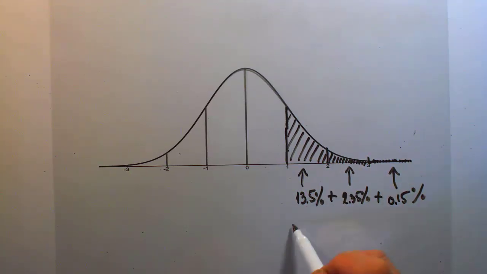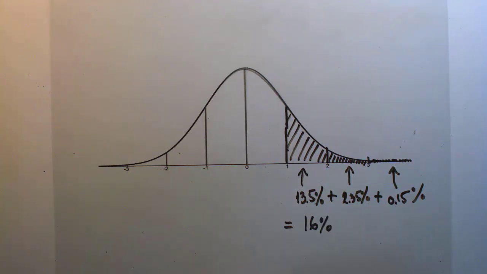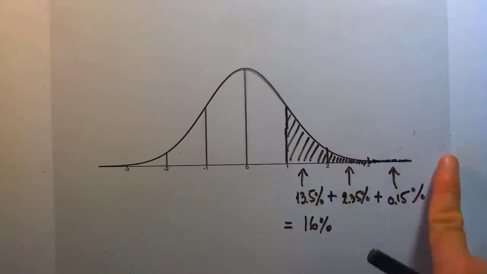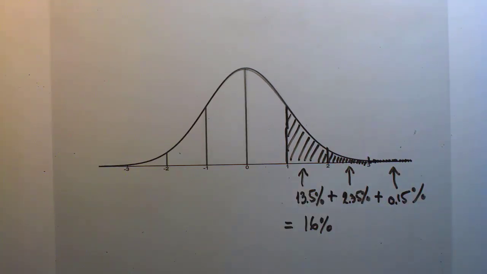Totaling up all of that, the calculation says 16%. So 16% is all that accumulated area to the right-hand side of that 1 standard deviation interval.